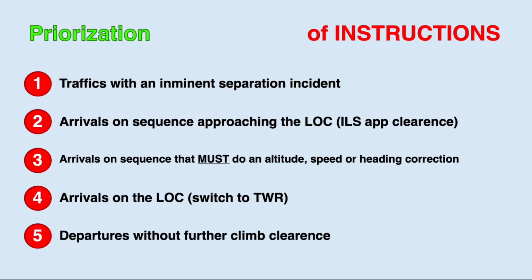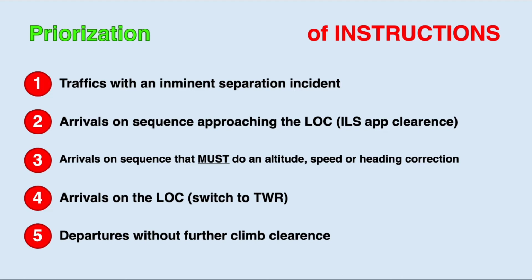And then the fifth priority is the departures that don't have a further climb clearance. When the departures are departing from the airport, they have an initial climb clearance, because that initial climb ensures that the traffics won't be in immediate danger if they climb super high.